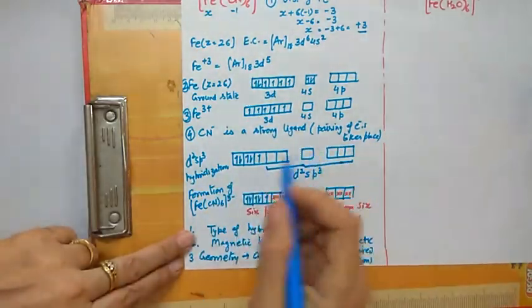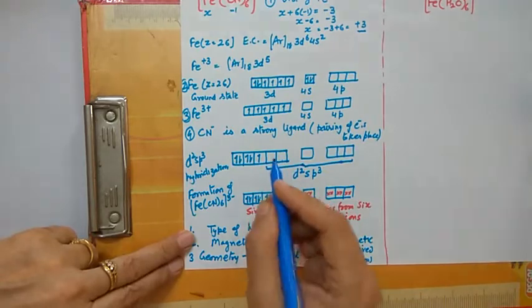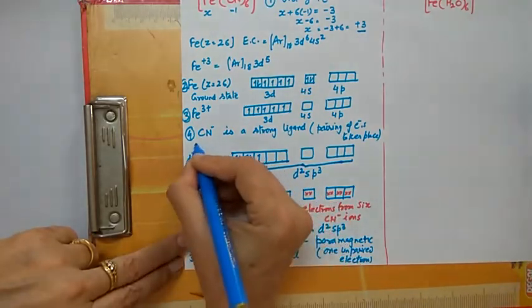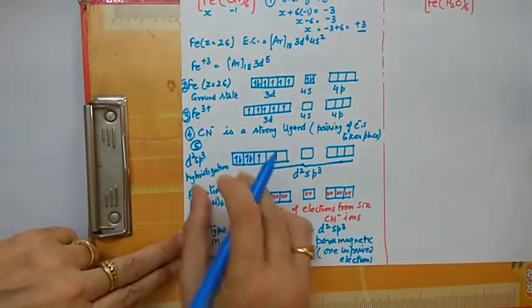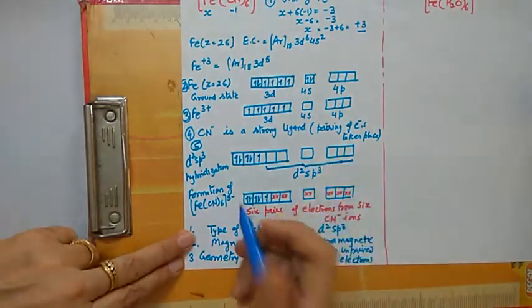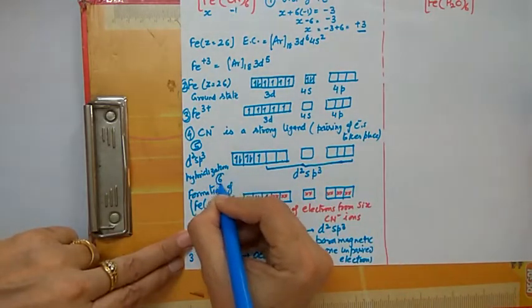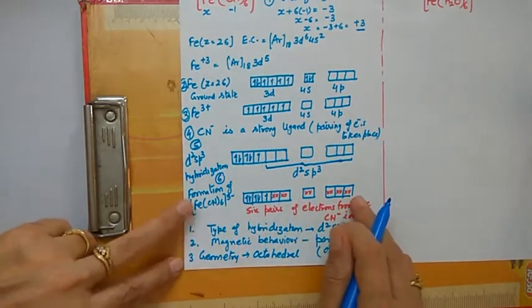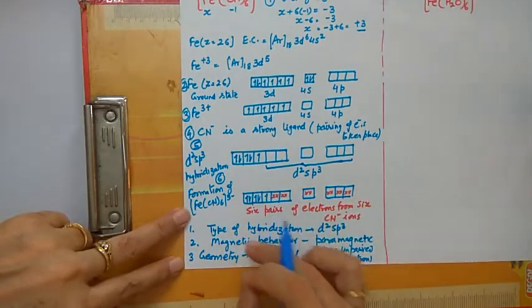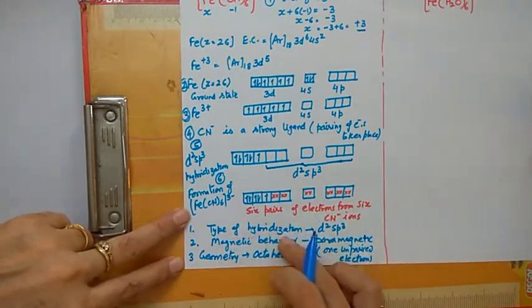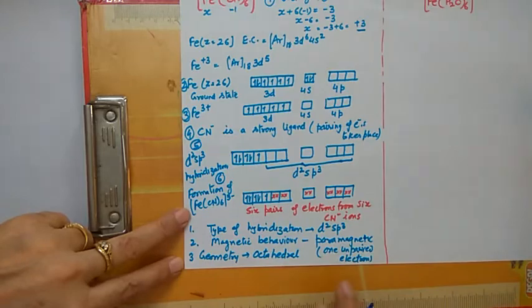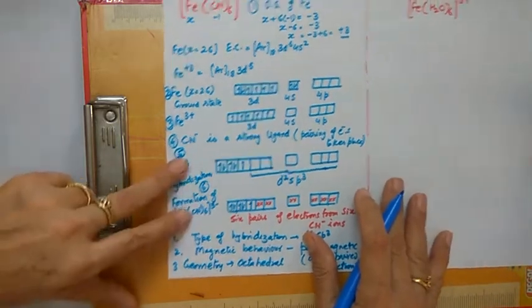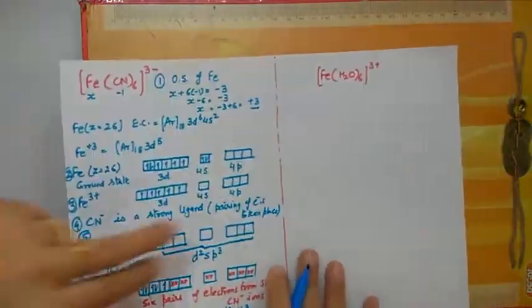After pairing, if inner d orbitals have become vacant, the type of hybridization will be d2sp3. Then in the last step, you can show the formation of complex. Then you write these 3 points: type of hybridization, magnetic behavior, geometry of the complex. Now let us see this stepwise.